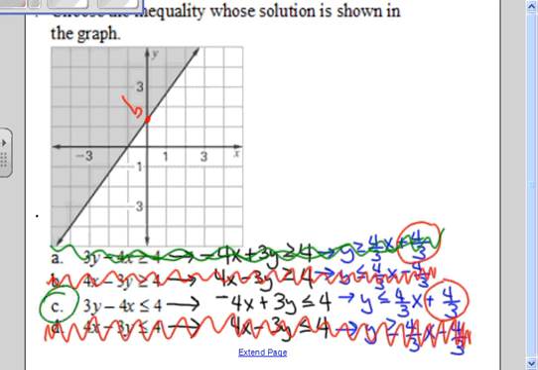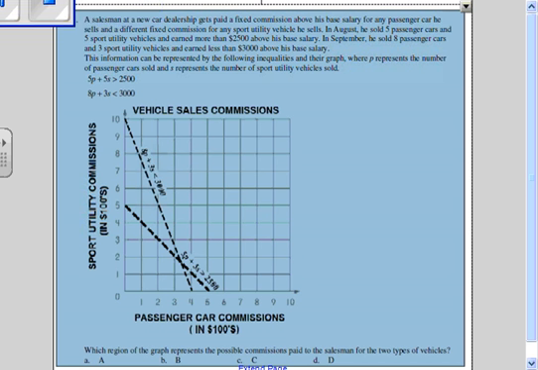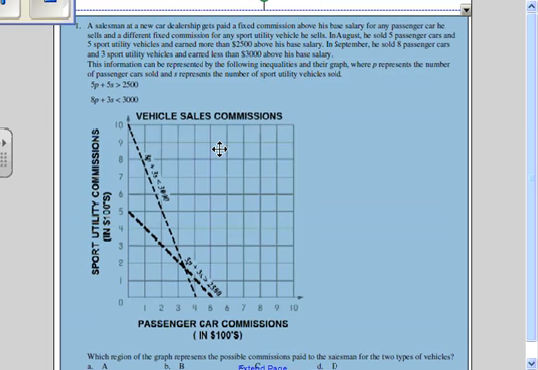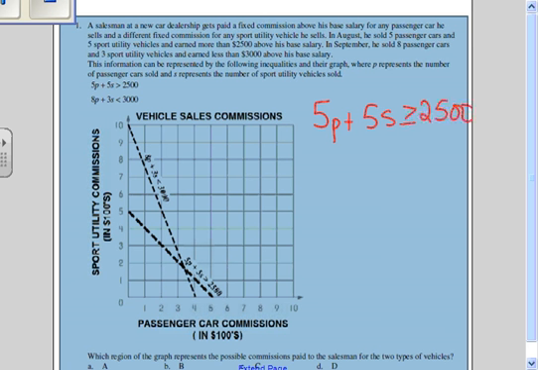So looking to the next question, and this one is kind of hard to see, so I would advise that you ask your teacher for a better copy of this, because in the blue it is hard to see. But basically, it's the same thing. There's a lot of text here, but it's saying that the salesman has this car dealership and they get a commission, and it gives you the two equations. One of them is 5p plus 5s is greater than or equal to 2,500, and the other one is 8p plus 3s is less than 3,000.